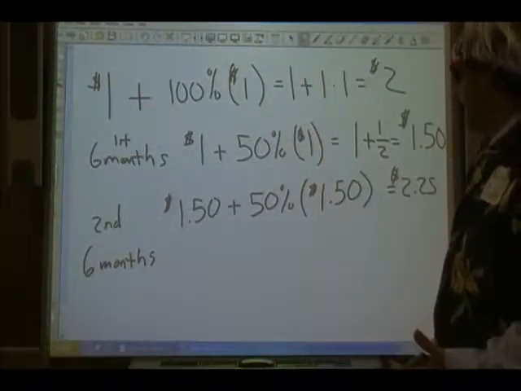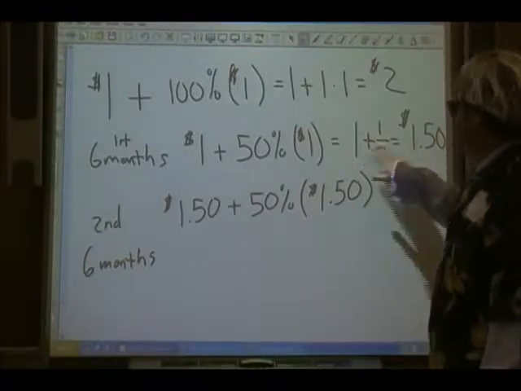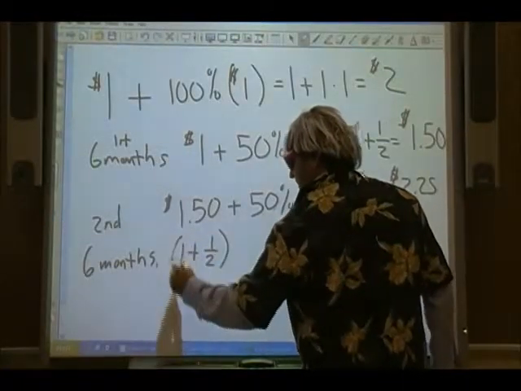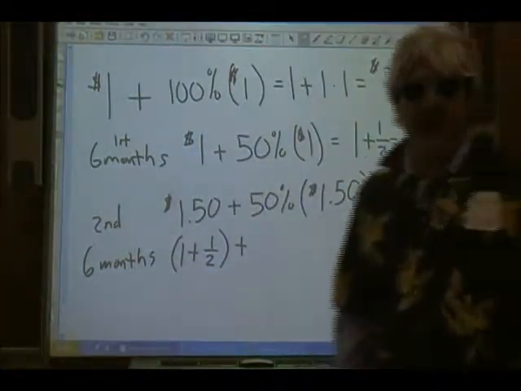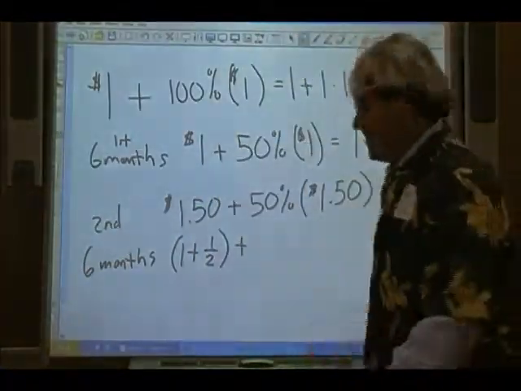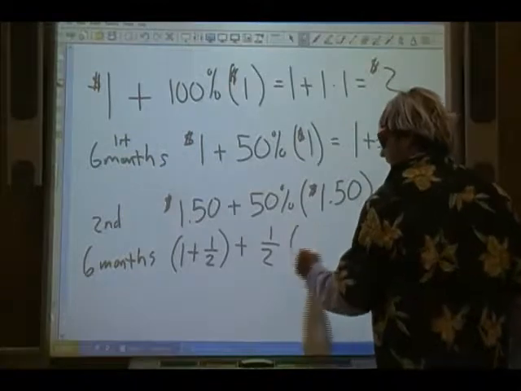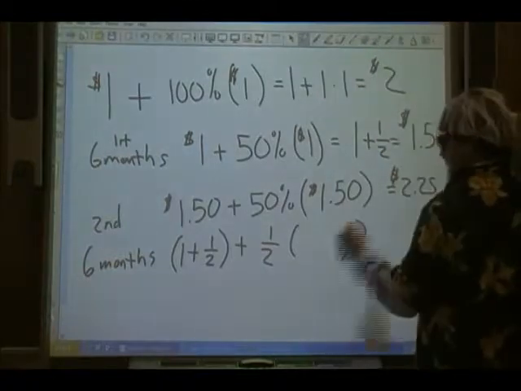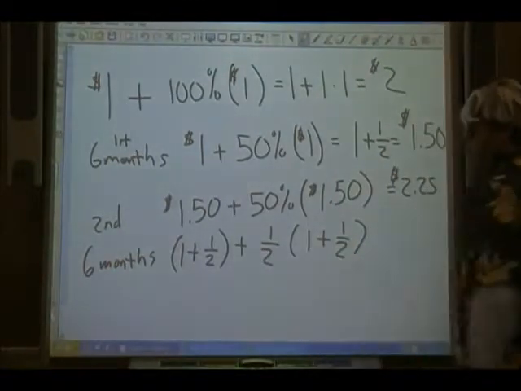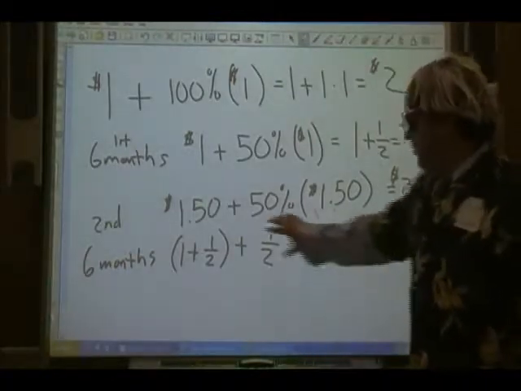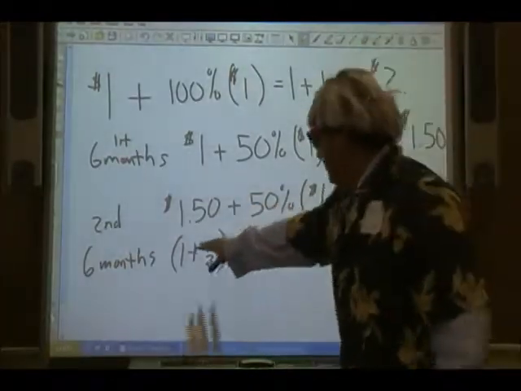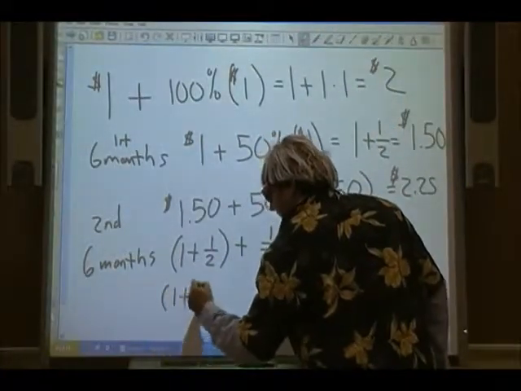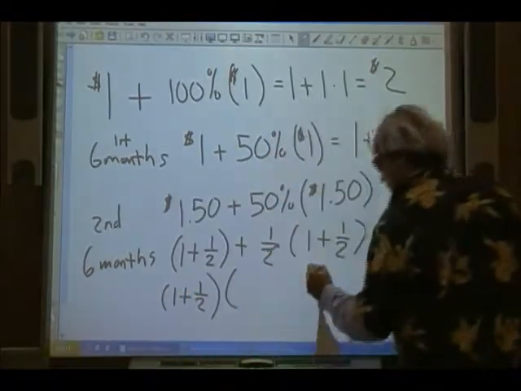Now let's try to write a pattern to it. Well, this $1.50 is 1 plus a half. And this 50%, if you get 50% on a test, you got half the questions right. Now watch this. I can factor 1 plus a half out. I take out 1 plus a half, and what am I left with?